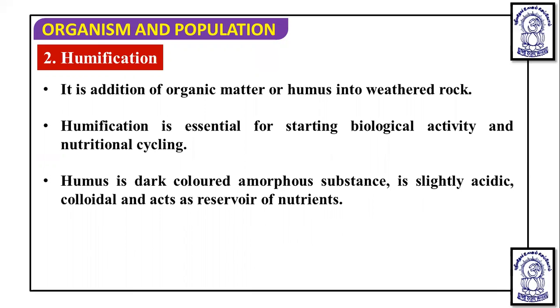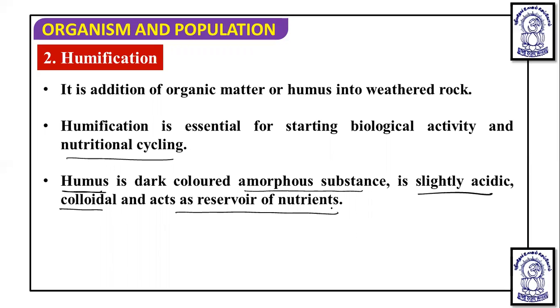Humification, or addition of organic matter, is essential for starting biological activity, because the microbes playing a role in biological activity and nutrient cycling need nutrients, and those nutrients will be available only through humification. Humus is a dark colored amorphous substance, slightly acidic in nature. It is colloidal and acts as a reservoir of nutrients.